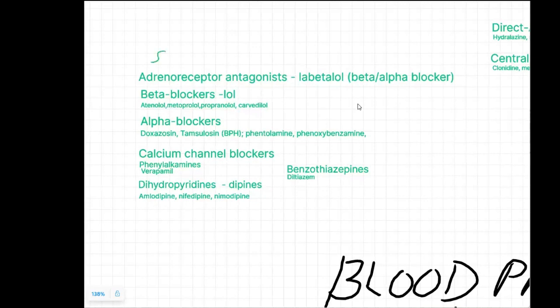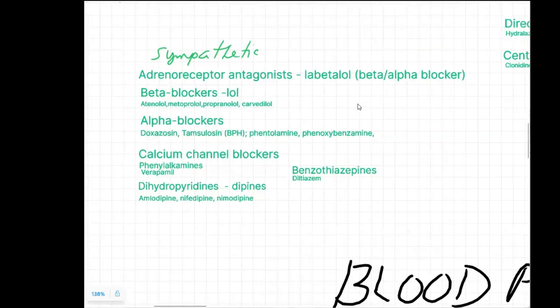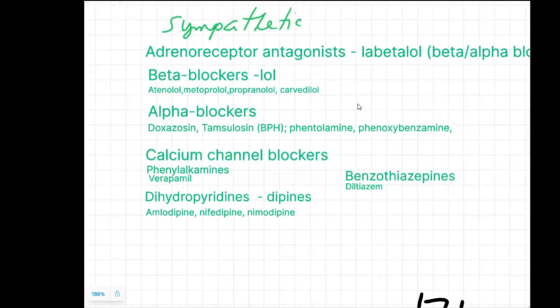There are technically 3 classes of adrenal receptor antagonist drugs. We are familiar with the beta blockers. I call them the beta-lols. The beta-lols obviously block the beta receptors. Examples of the medications are atenolol, metoprolol, propranolol, carvedilol.